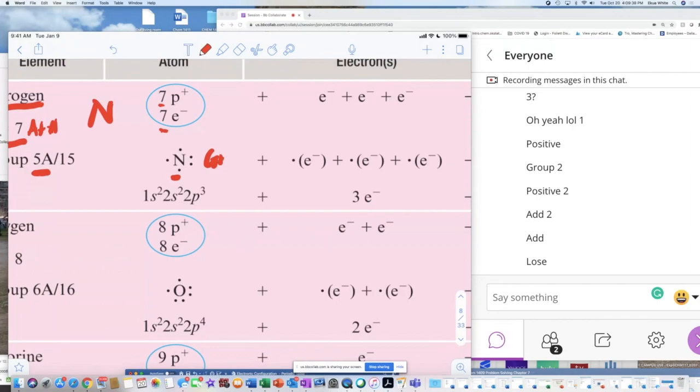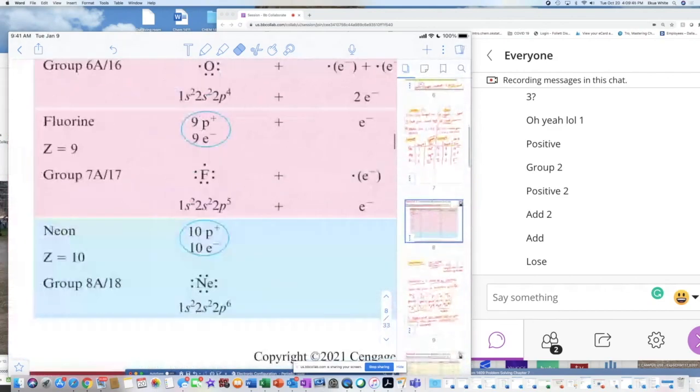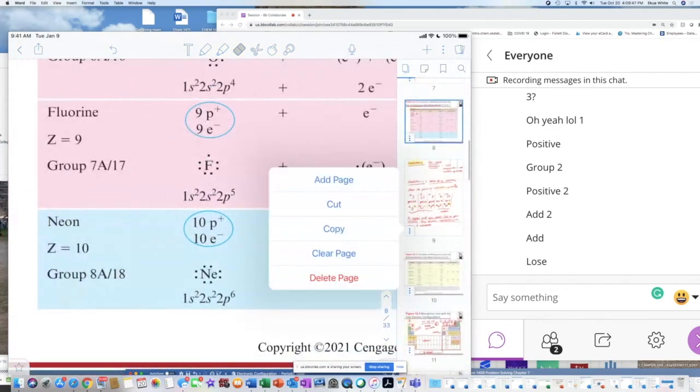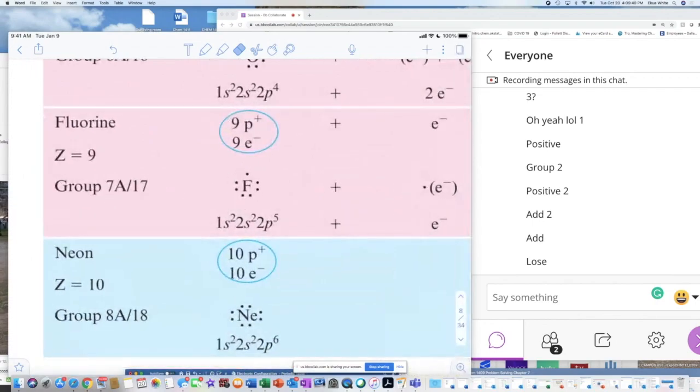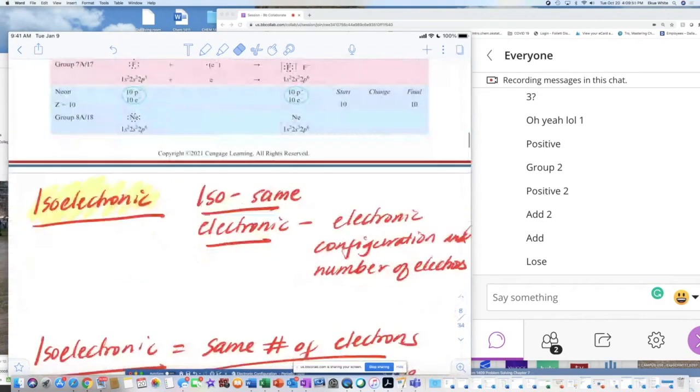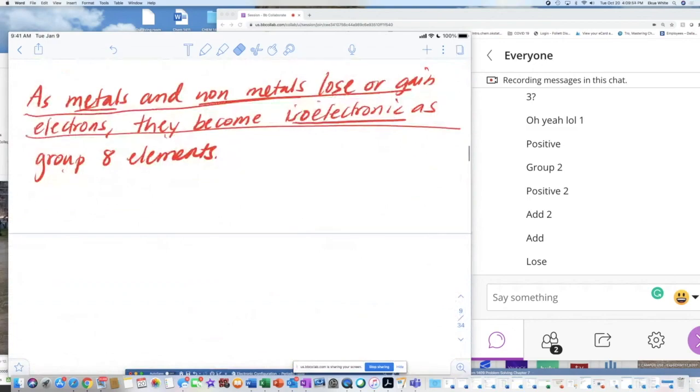The group number, now I can't even spell. Let me write it out so I can write it properly in detail, because this table holds a lot of information.